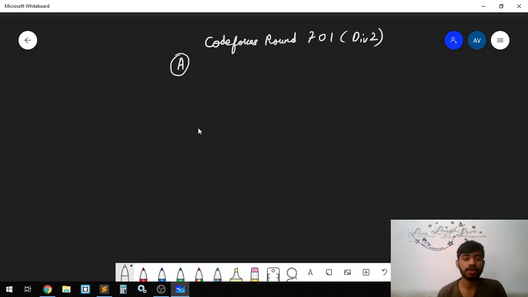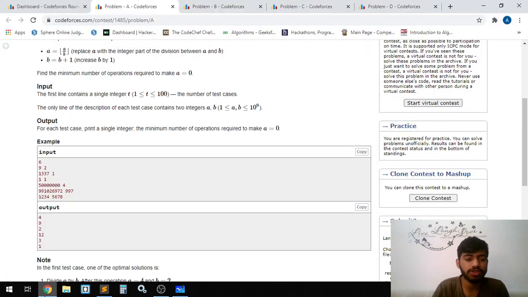Okay, so we can see that there are two integers a and b. When a is divided by b, and after this when we see the constraints, we can see that a can reach a maximum value of 10 raised to the power 9.